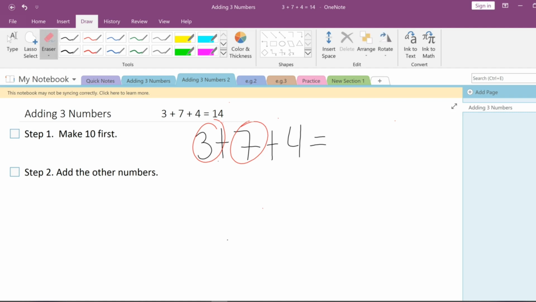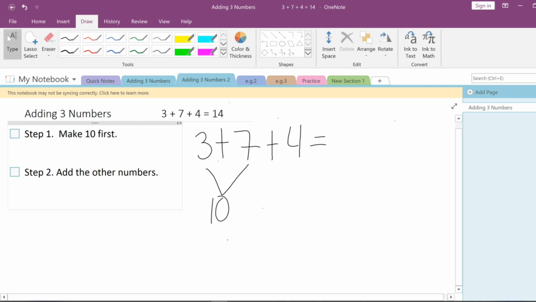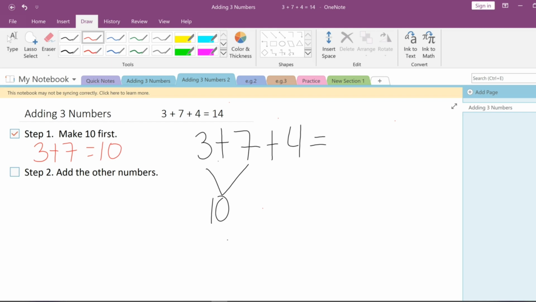Yes, 3 plus 7 is equal to 10. So we can write down 3 plus 7 is equal to 10. Step 1, make 10 first. Did we make 10? Yes, we did. We added 3 plus 7 equals 10. Let me write it down here: 3 plus 7 equals 10.